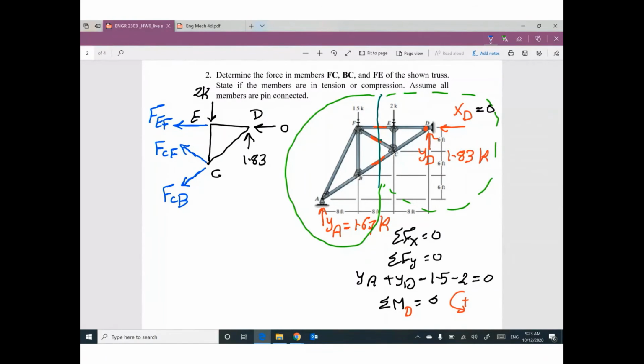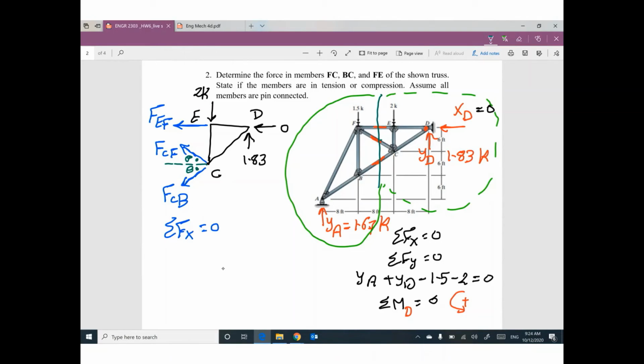We have three equilibrium equations for this part of the structure. Summation Fx equals 0. So go ahead and figure out what is the angle here, this angle and this angle. I'm not sure they are equal or not, but looks like equal. Yeah, this one will be equal to this one.